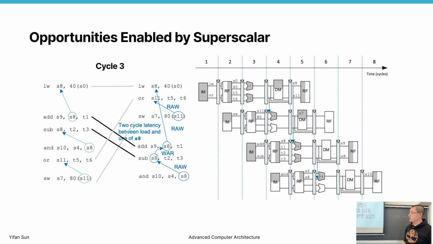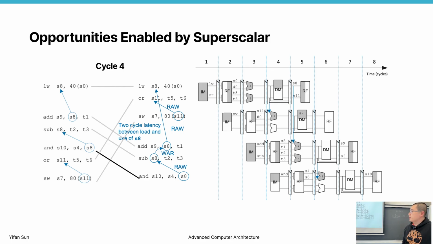Although in this order there's no problem, if we're not doing the right thing, we may overwrite it. If we execute this one early, that's a write after read hazard. But it's okay if we don't need this S8 result anymore, because we don't need it anyway.